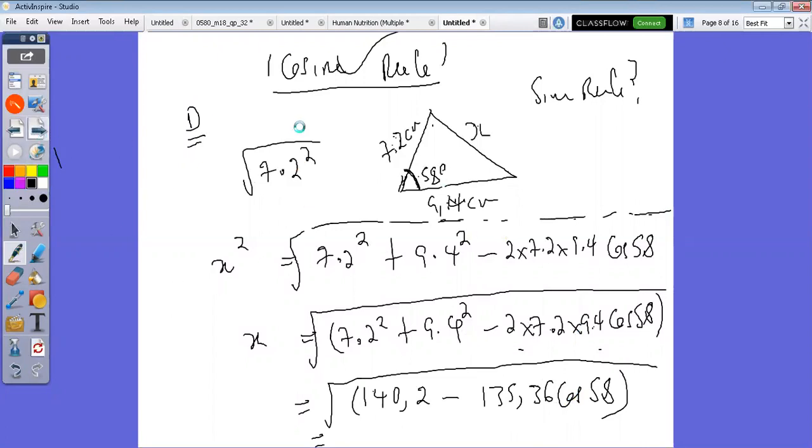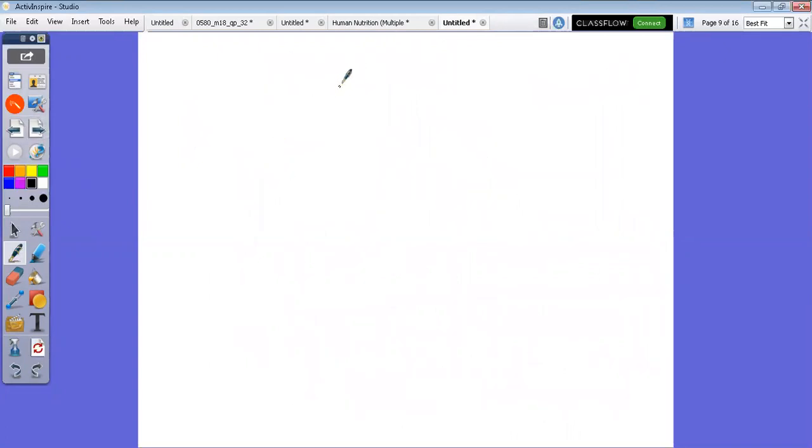Then sometimes we want to calculate an angle. Okay, so let's see if it works. Sometimes we are given the 3 sides, and we want to find an angle. So I wanted to look for a very good one with all the sides of the triangle.